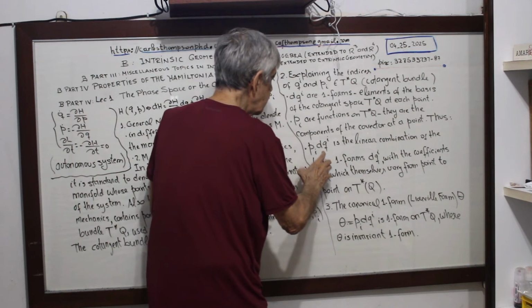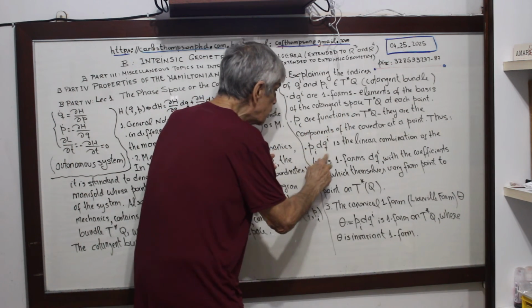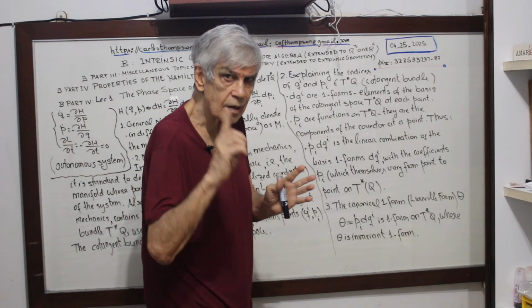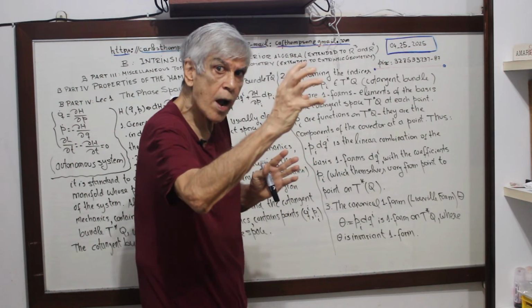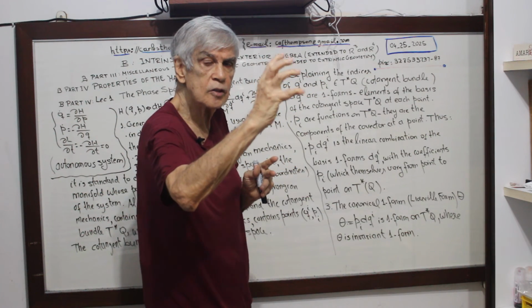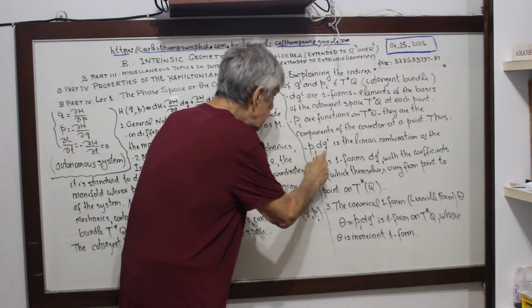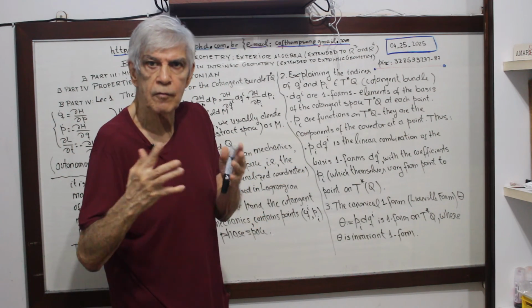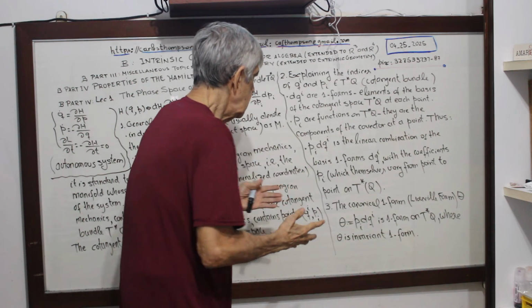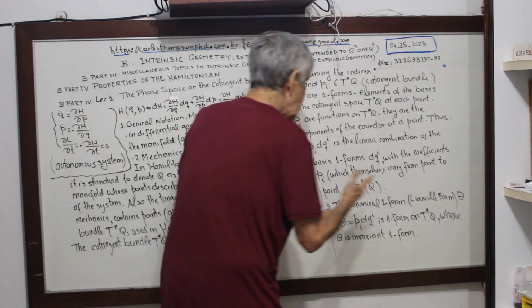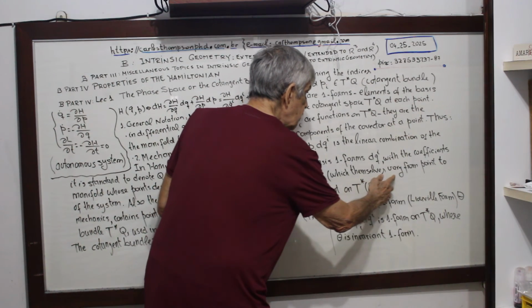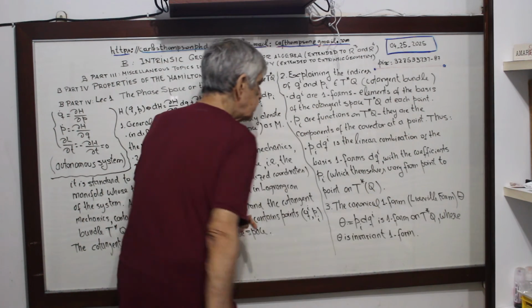Very important: q^i belongs to the tangent space, but dq^i belongs to the cotangent space, or phase space. So the coefficients p_i themselves vary from point to point.